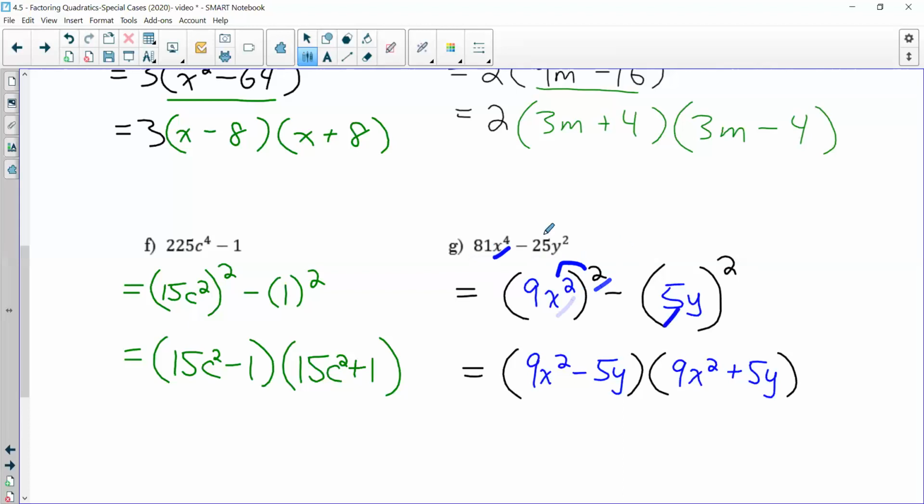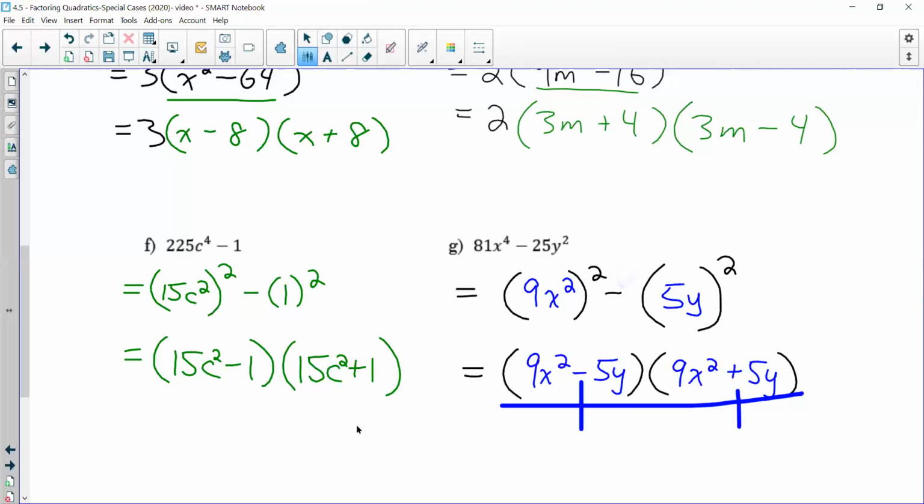Here, 25 is coming from 5 squared. And the y squared is from the y all squared. Fits the difference of squares pattern, two terms, perfect squares that are being subtracted. There's our two factors. So they're identical binomials multiplied together with opposite signs.